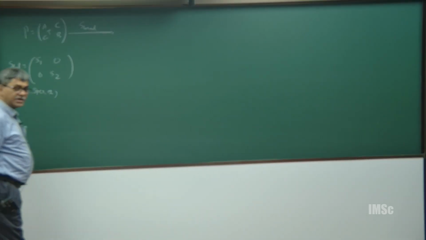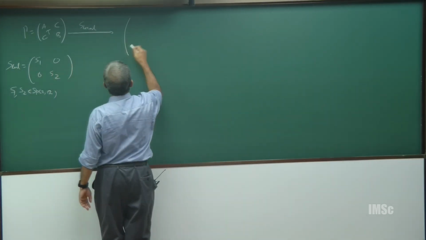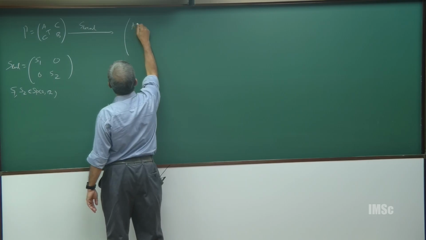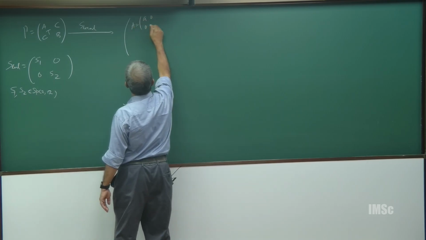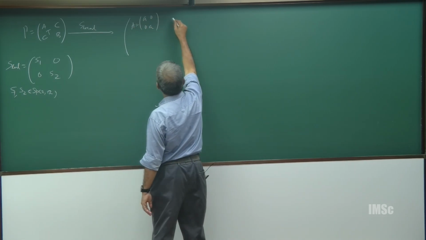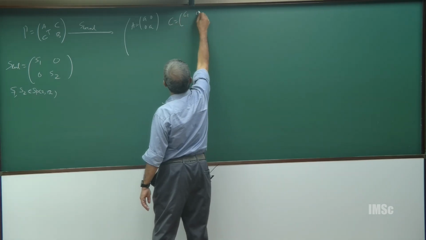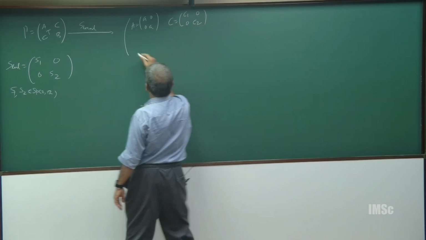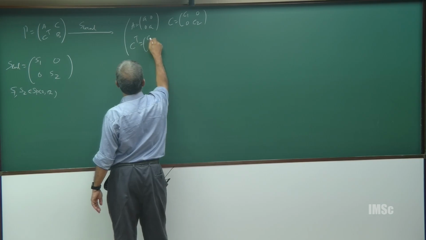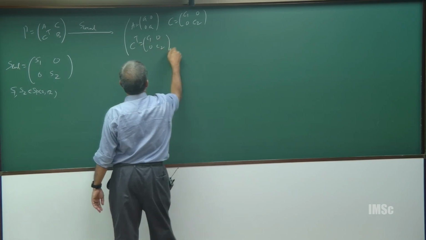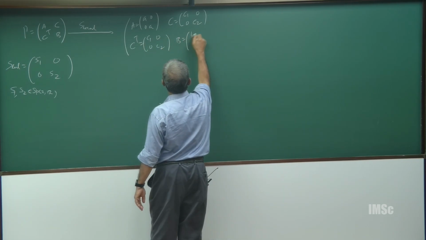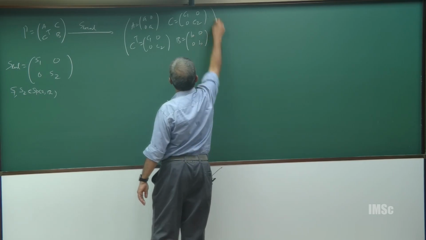So, by local symplectic transformation you can bring it to this form where A is a 0, 0, a and C is C1, 0, 0, C2, again C transpose is C1, 0, 0, C2 and B is b 0, 0, b.